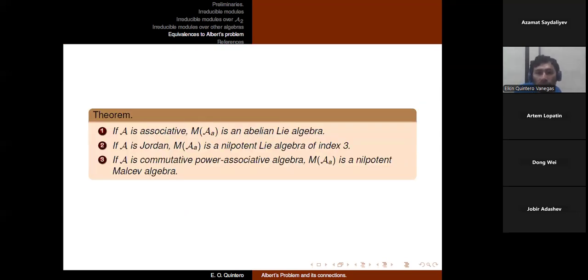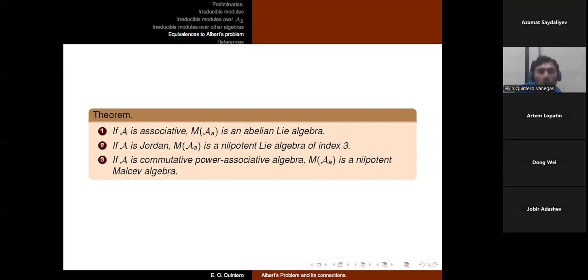And some interesting properties about that algebra are the following. If A is an associative algebra, we have an abelian Lie algebra. If A is Jordan, we obtain a nilpotent Lie algebra of index 3. And in the general case, if A is a commutative power-associative algebra of nil index 4, we have that the Maltsev algebra is nilpotent and its solvable index is less than or equal to 3.